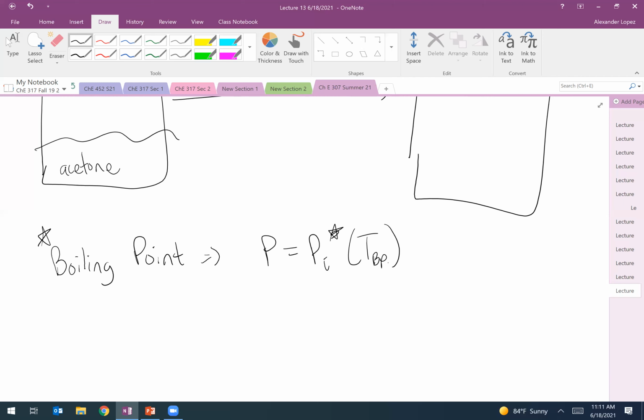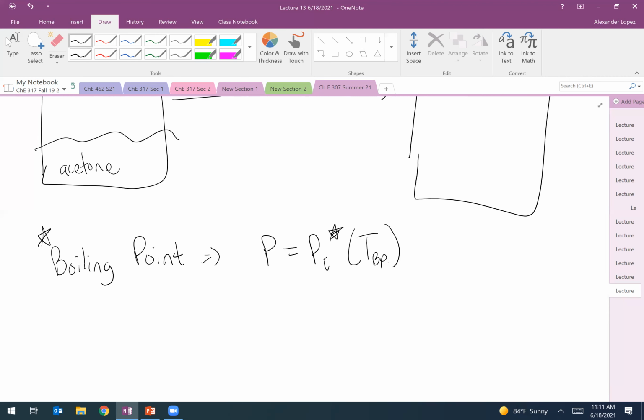Right? And that's why the boiling point of water at 1 atmosphere is 100 degrees Celsius. Because at 100 degrees Celsius, the vapor pressure of water, meaning the air can handle all of it. So at that temperature, all the liquid goes to the vapor phase, and then you just have a single phase.